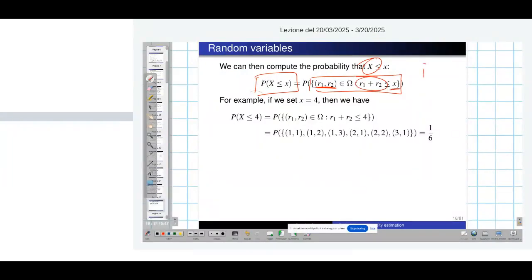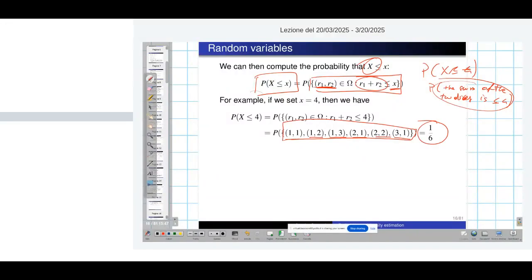For example, the probability that x is lower or equal than 4 is the probability that the sum of the two dice is lower or equal than 4. So I take the set of all the outcomes that correspond to the property, the sum of the two dice is lower or equal than 4. That is the event for which I want to compute the probability. And here the outcomes have the same probability, so it's easy to count. It's 6 out of 36 possibilities, so it's 1 out of 6.